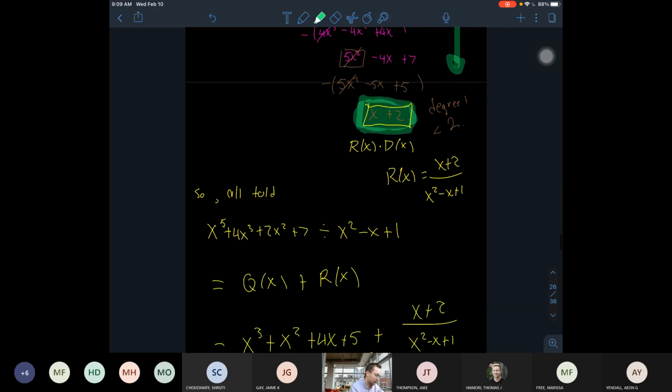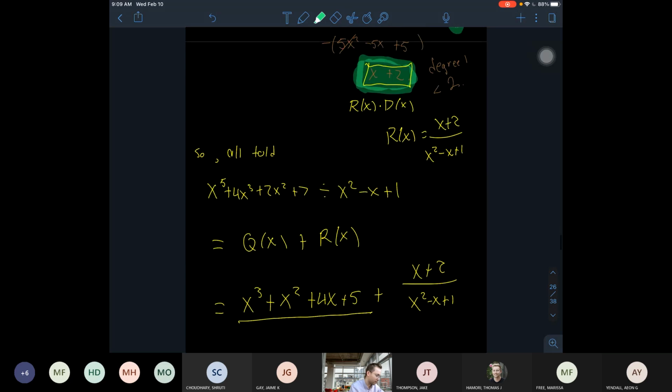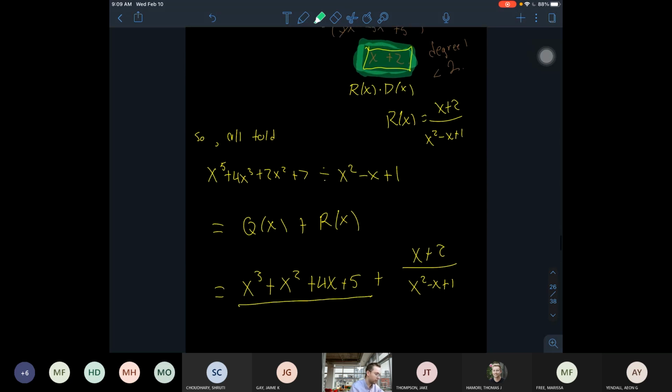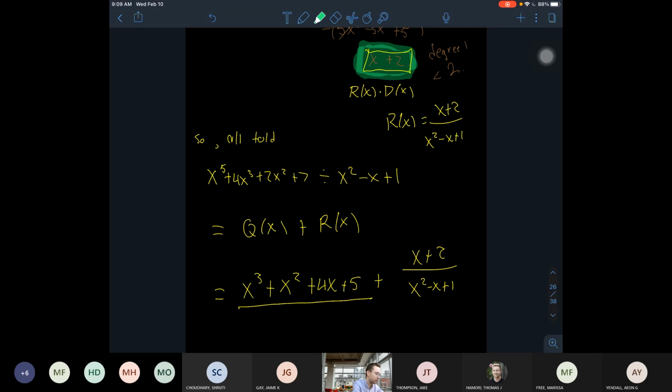Okay, and so then I wrote my final answer as q of x plus r of x, but I need to remember that the expression which I get all the way at the end is not r of x, but rather r of x times d of x. So when I write r of x at the bottom, I need to take that x plus 2 and divide by d of x in order to get r of x.